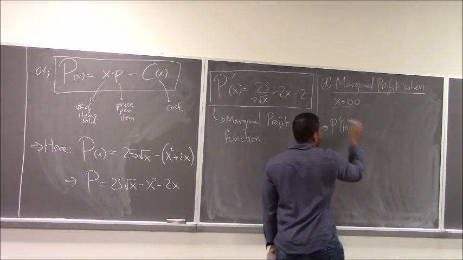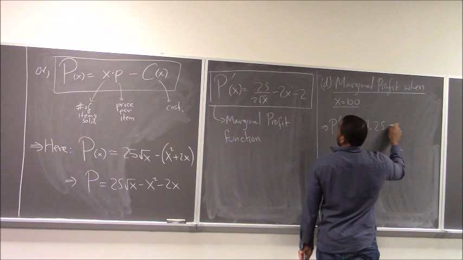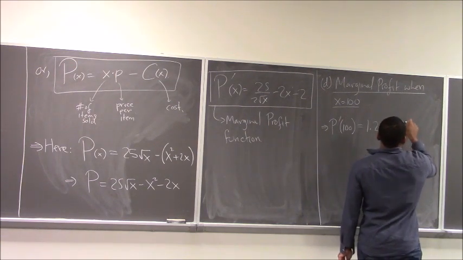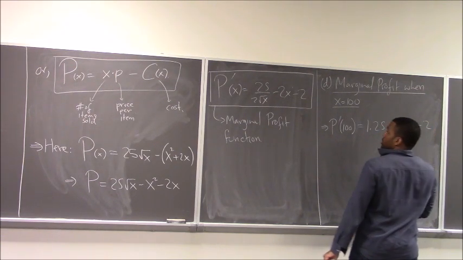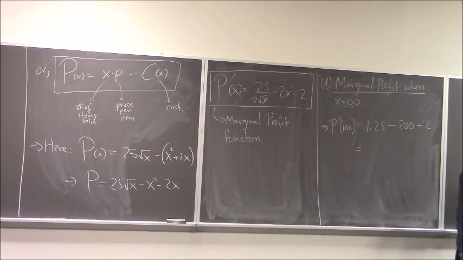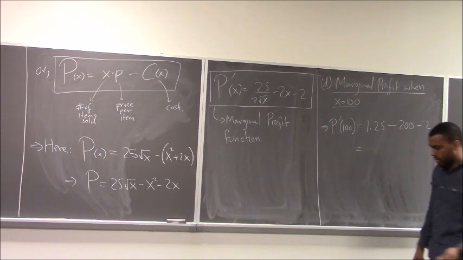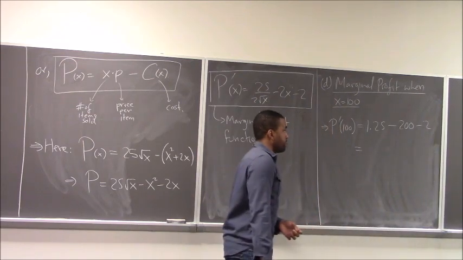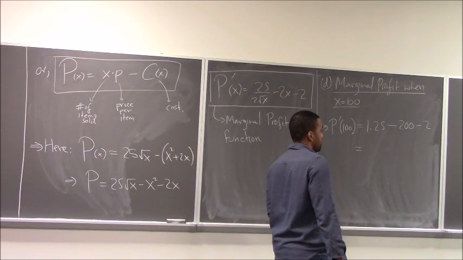This first term, I believe we already computed, was 1.25. It's 200 minus 2. So what is that going to be? Negative 200.75.